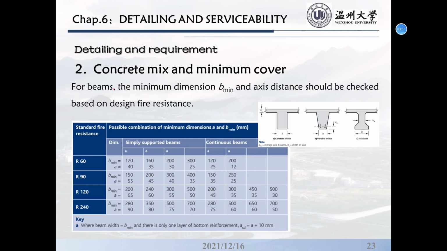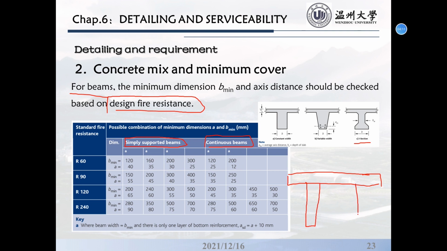And for the beams, to design the fire resistance, this is the B for the T shape. I shape, they have the same, and it's according to the boundary, right? Continuous beams. Yeah, for B, columns.